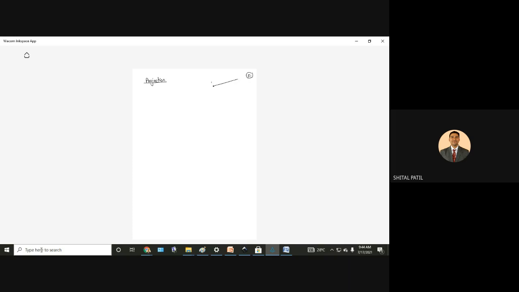Okay. So this is the point P, this is the point Q, and we want to find a projection on the line L. So I'll draw a perpendicular and get the point P dash. From here, I'll draw the perpendicular and get the point Q dash. So P dash Q dash, what is it?